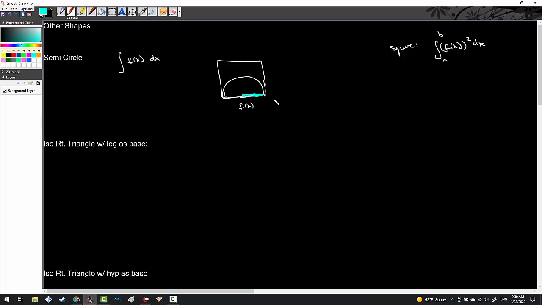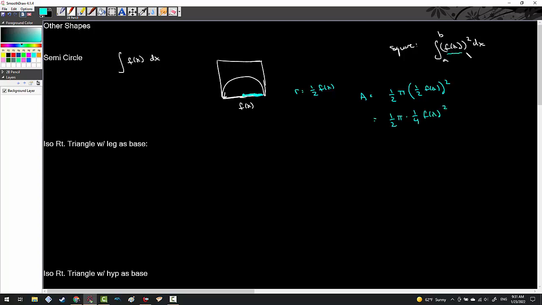So I know that my radius is equal to 1/2 of f of x. And I know that the area of a circle is pi r squared, so for a semicircle, 1/2 pi times (1/2 f of x) squared. So if I simplify it out, I'm going to get 1/2 pi times 1/4 f of x squared.